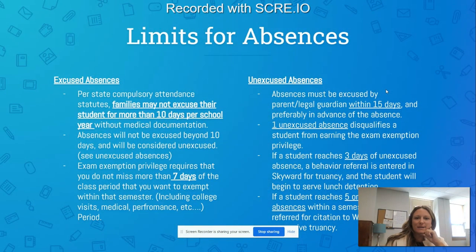All right, the next topic is limits for absences. There are different limits or thresholds that trigger various consequences regarding the two different absences. We'll start with excused absences first.